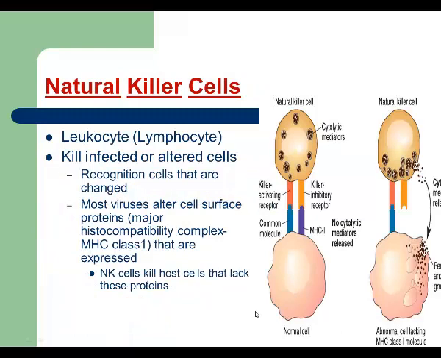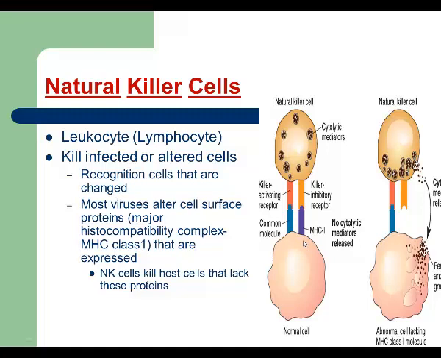Let's talk about the mechanism of action of natural killers. What you have to remember is each cell in our body has certain receptors on the surface. We call them MHC class 1 proteins. When the cells are healthy, MHC class 1 proteins look a certain way. For example, in this picture, they look purple.